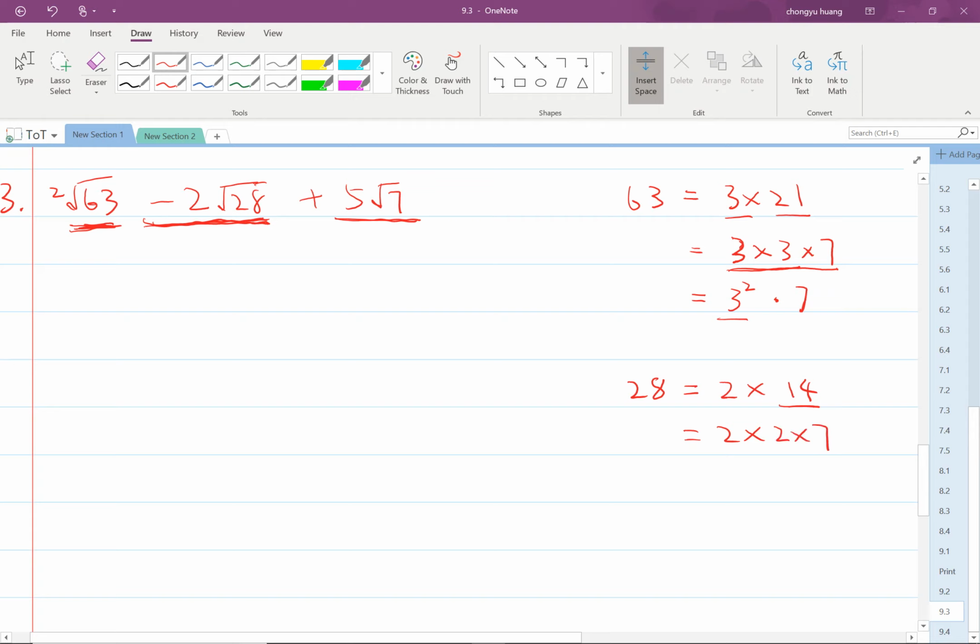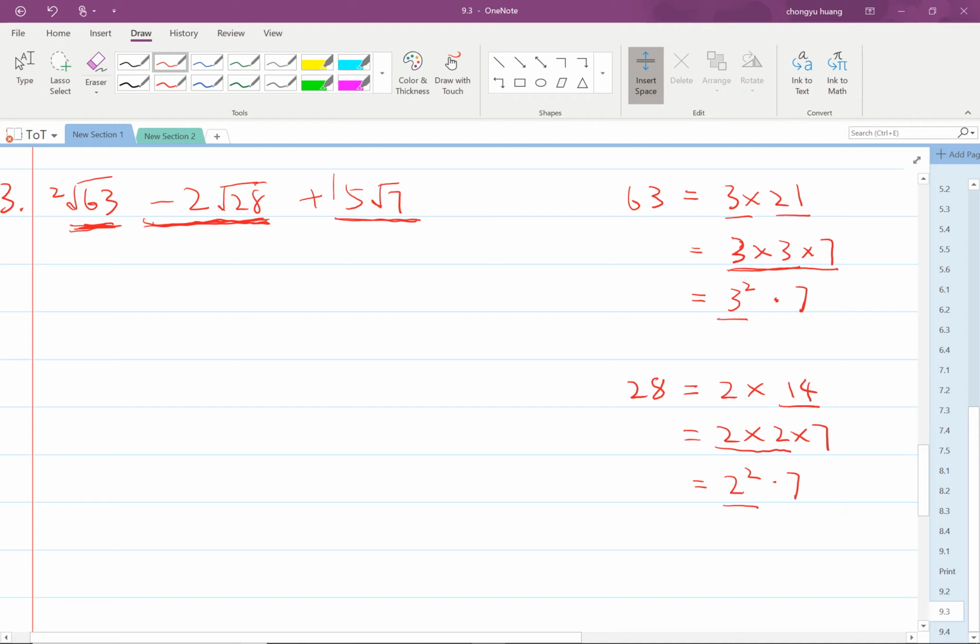As you can see, we have two 2s over here, so we can write it as 2 to the power 2 multiplied by 7, right? So now we have a form with a square. You always want to make a square, because that's how you remove those square roots. So you always try to write a number as something squared multiplied by some other number.